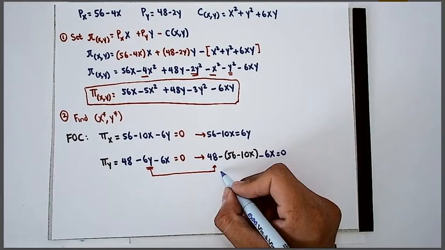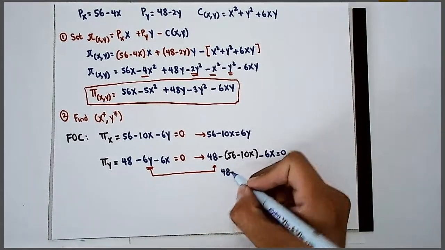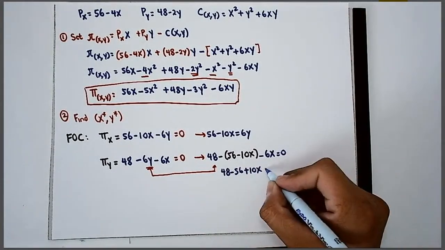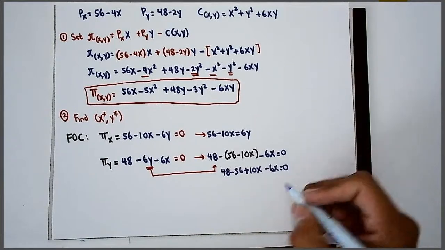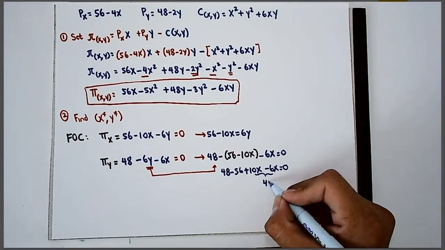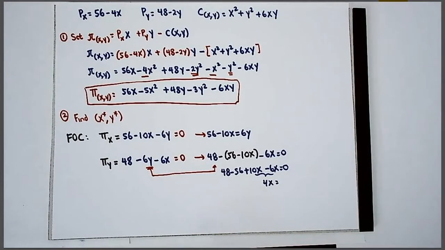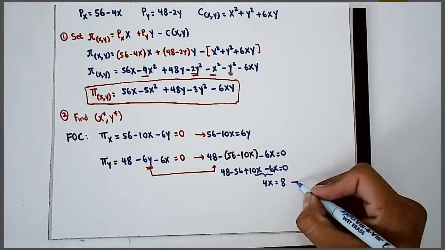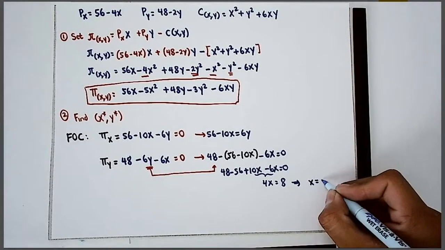So this is 48 minus 56 plus 10x minus 6x equals 0. So this is 4x equals 48 minus 56, which is minus 8. We move it to the right hand side as positive 8, which means that x is equal to 2.